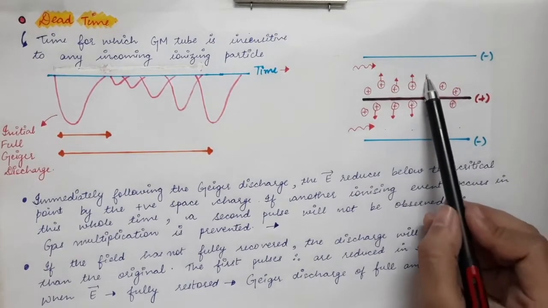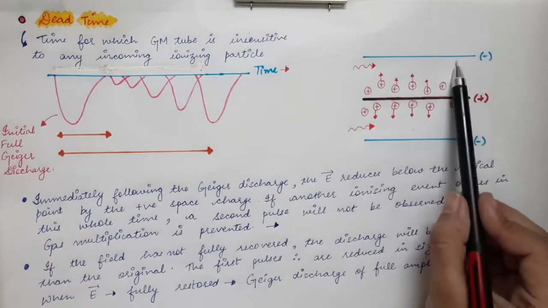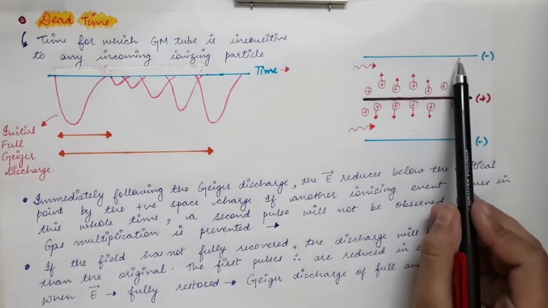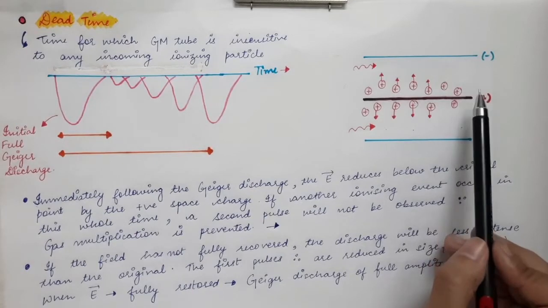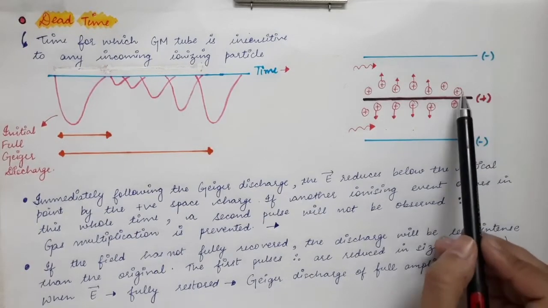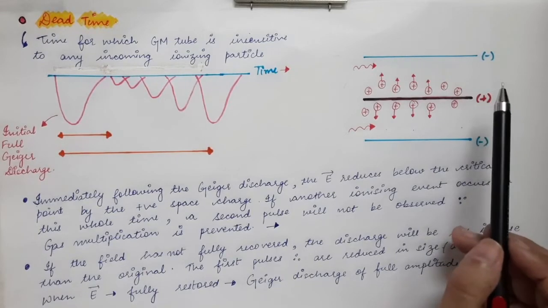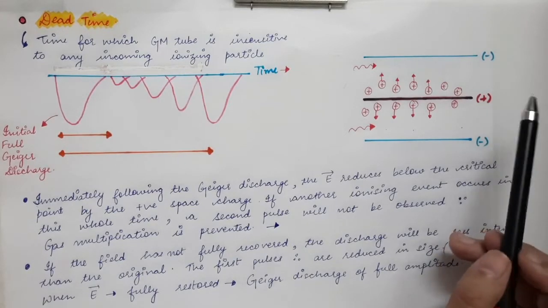Now as these positive ions are slowly drifting towards the cathode, the electric field strength starts recovering. It starts increasing and eventually after some time the electric field strength will become maximum.